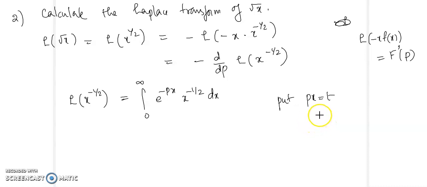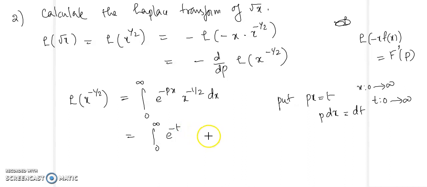Therefore p dx will be equal to dt. X varies from 0 to infinity, so t will also vary from 0 to infinity. X is t by p, so this will become t by p whole power minus 1 by 2. Now dx will be dt by p.